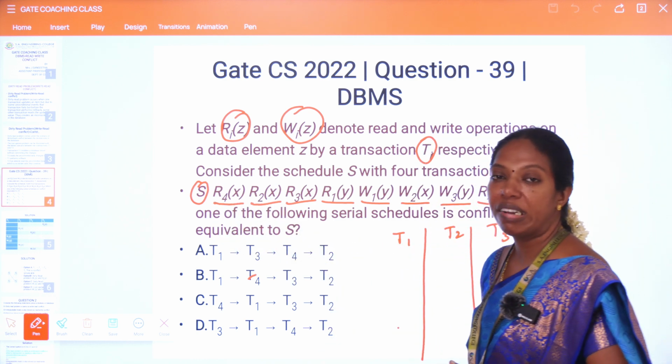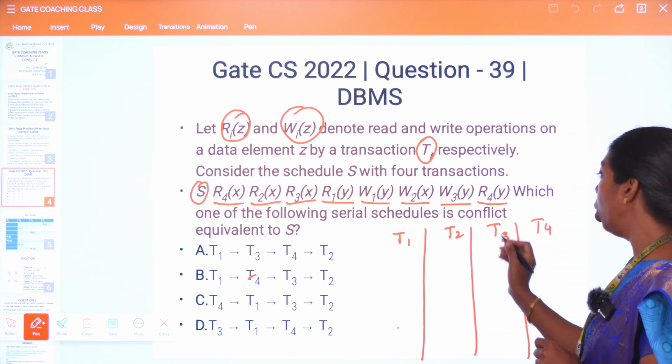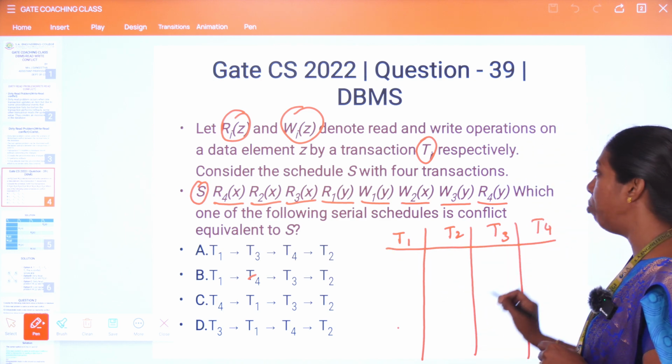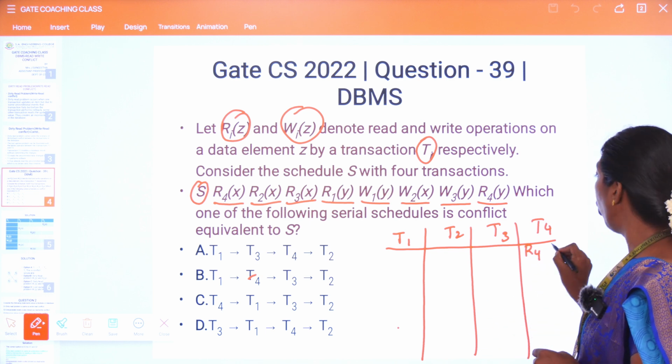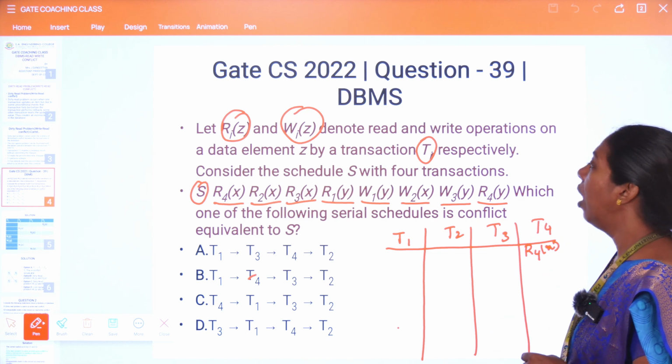So first, transaction 4 performs its read operation, so you have to give R4 of X here, and then R2.